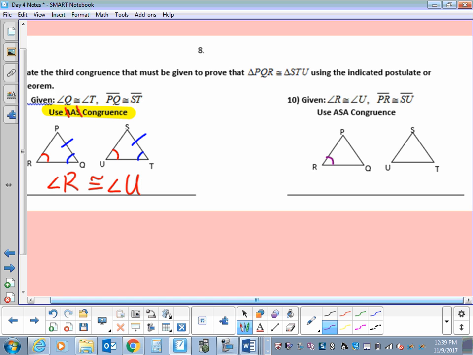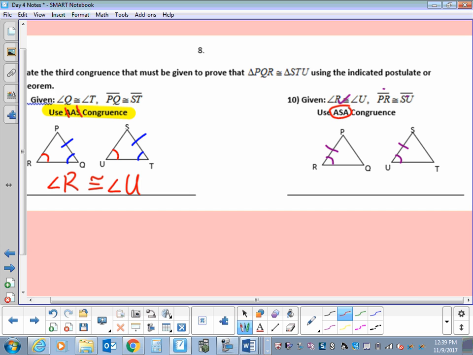Angle R is congruent to what? To U. That's what it says. So you filled that out. Then it says PR is congruent to SU. They want us to prove angle, side, angle. So what am I missing? An angle or side? An angle.